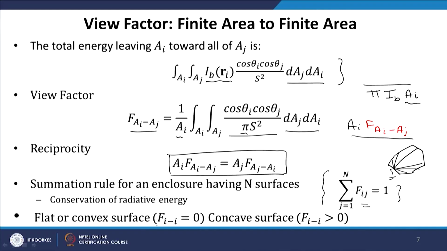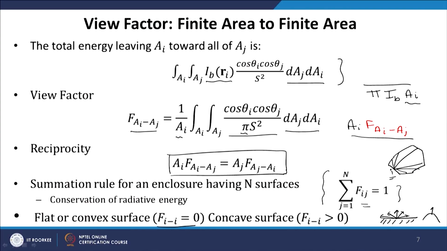Based on the same argument, a flat or convex surface will have a view factor of 0 to itself. That means, if you have a flat surface, the energy will be emitted in all directions, and this energy will not strike itself. The surface will not receive any radiation that is emitted by itself, because it is flat. Similarly, a convex surface also will not receive any radiation falling onto itself.